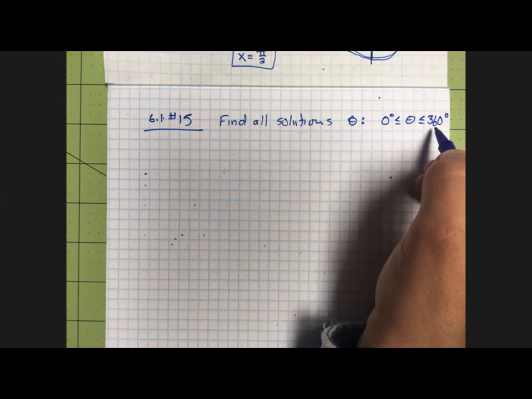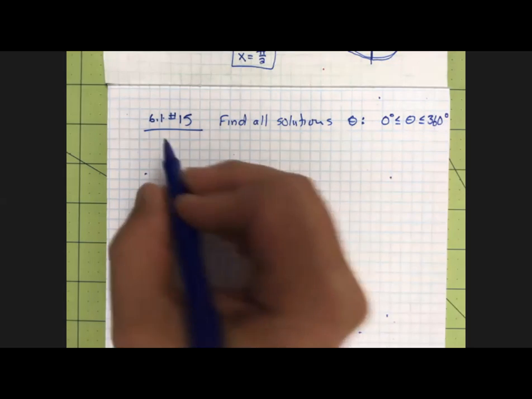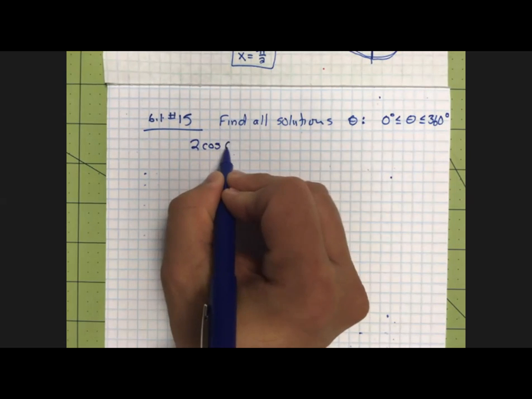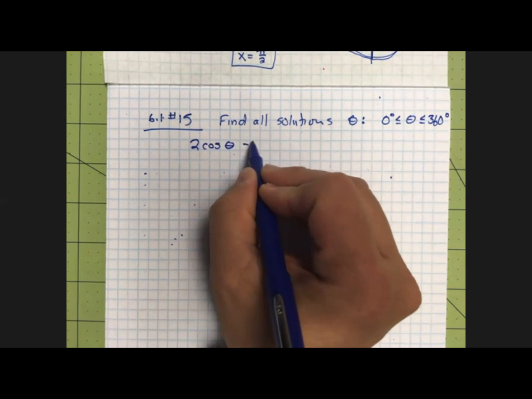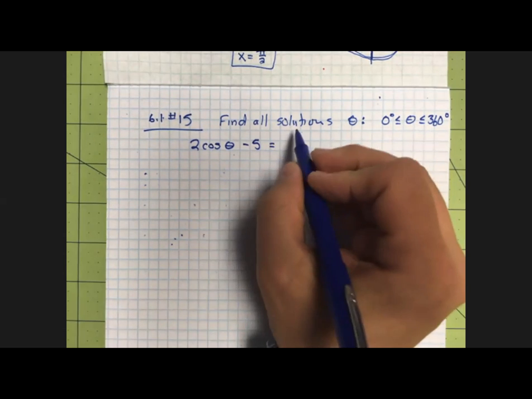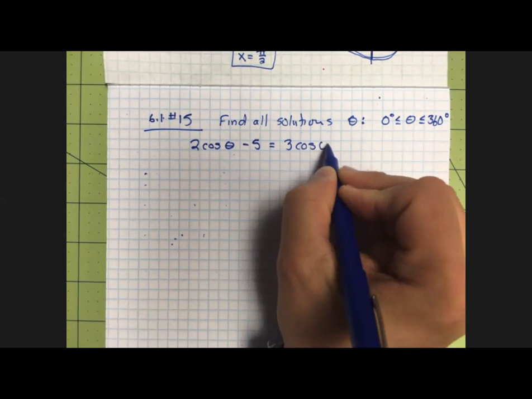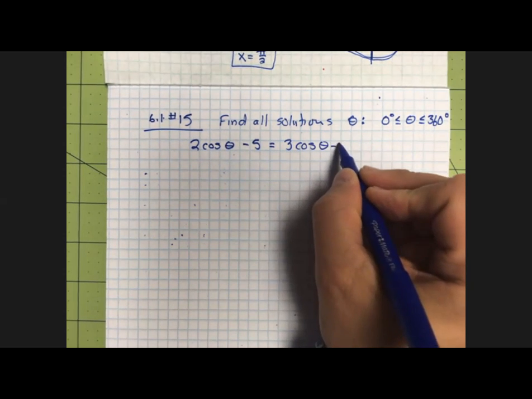But on the last step, you're going to need a calculator because you don't have an exact answer, and they want you to answer to the nearest tenth of a degree. So here's the problem. 2 cosine theta minus 5 equals 3 cosine theta minus 2.